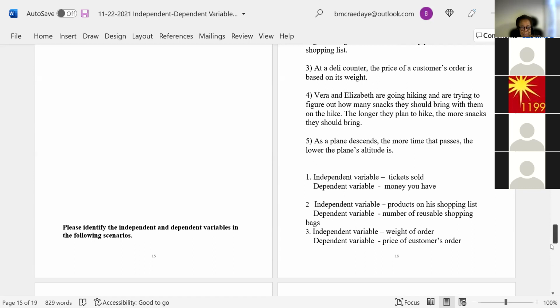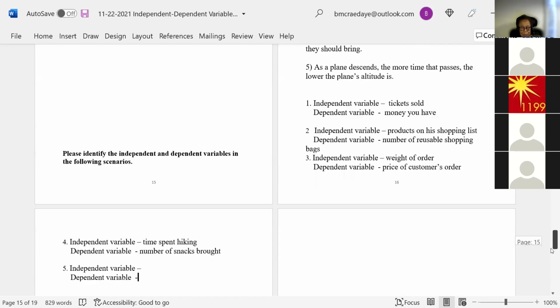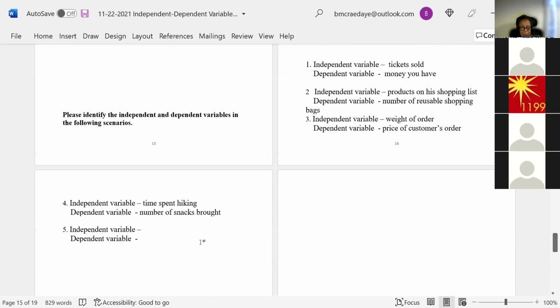Which one is dependent? Which one is independent? I would say the time is depending on the altitude. Now, the altitude of the plane is the dependent variable.